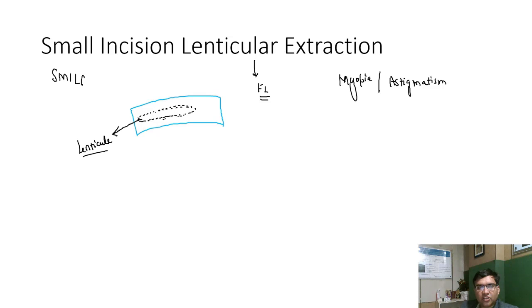Because there is no blade used here, this type of surgery is called bladeless, and because there is no flap created here, it is also called flapless. So this is a bladeless and flapless LASIK which we do nowadays in patients of high myopia.